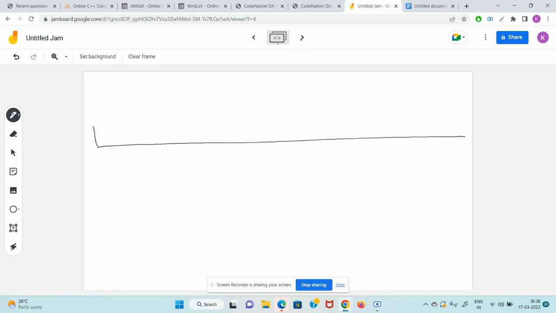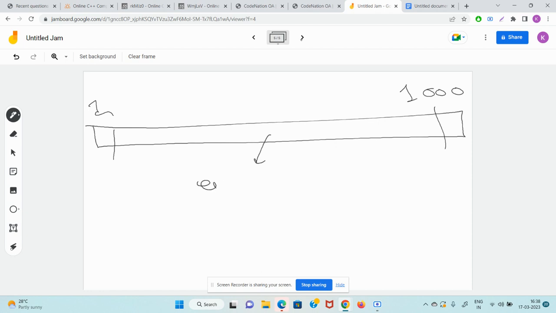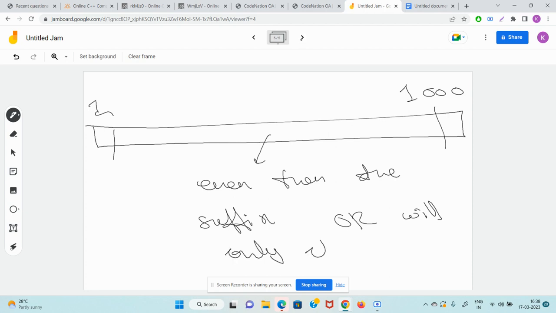Say this was index number 1 and this is say 1000. Even then, the suffix OR will only change 5 times. For example, I can show you the proof if you want.